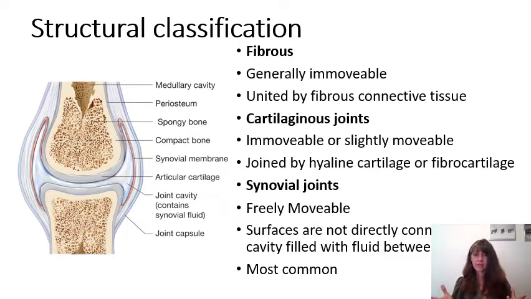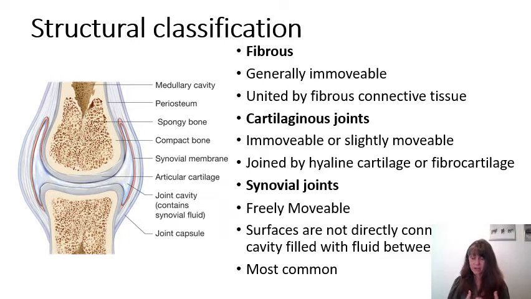Because there's debate about immovable joints versus joints that are slightly movable, I will never ask you a question on what joints are considered immovable or slightly movable. Please know that synovial joints are freely movable. They are diarthrotic.